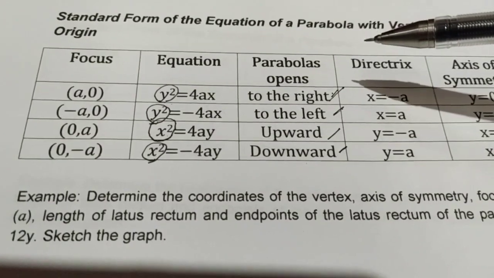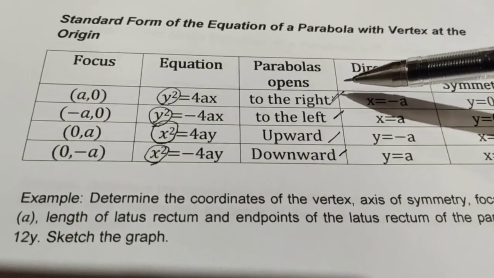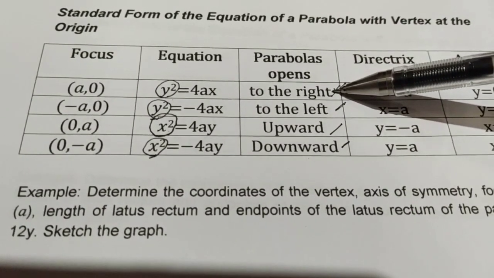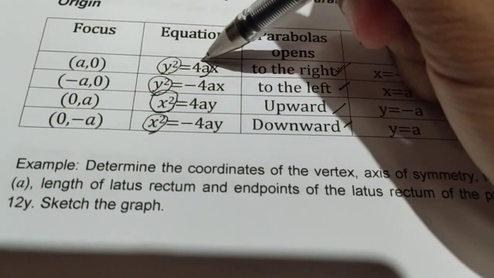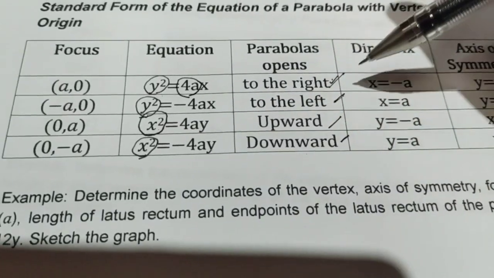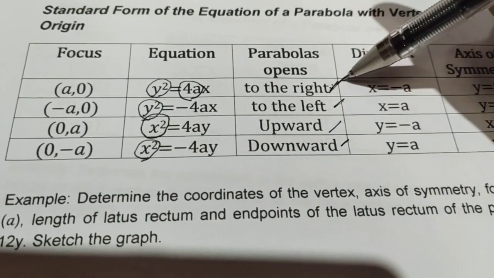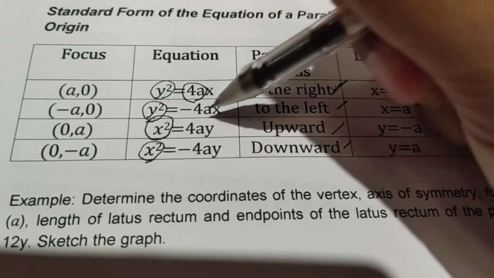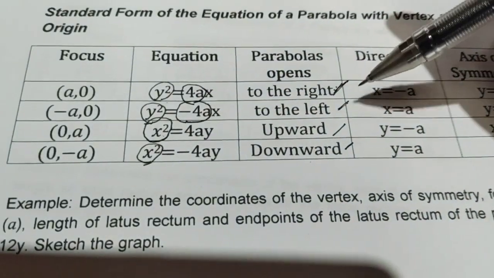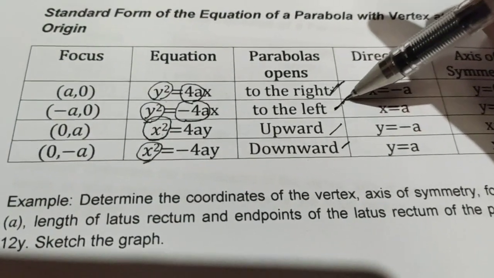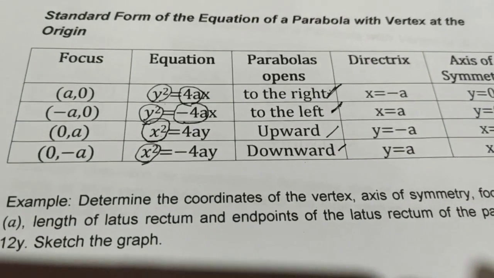How are we going to determine if the parabola opens to the right or to the left? If we have positive 4a, then it opens to the right. But if we have negative 4a, then we have a parabola that opens to the left.